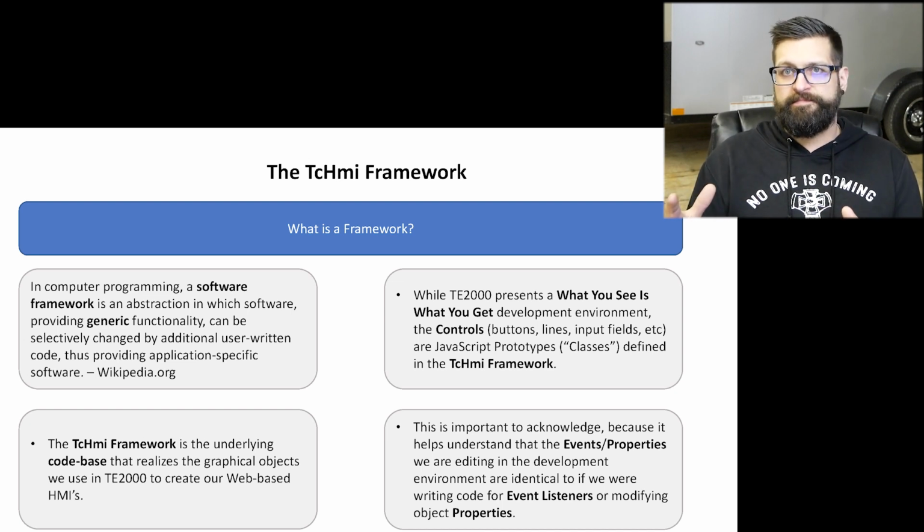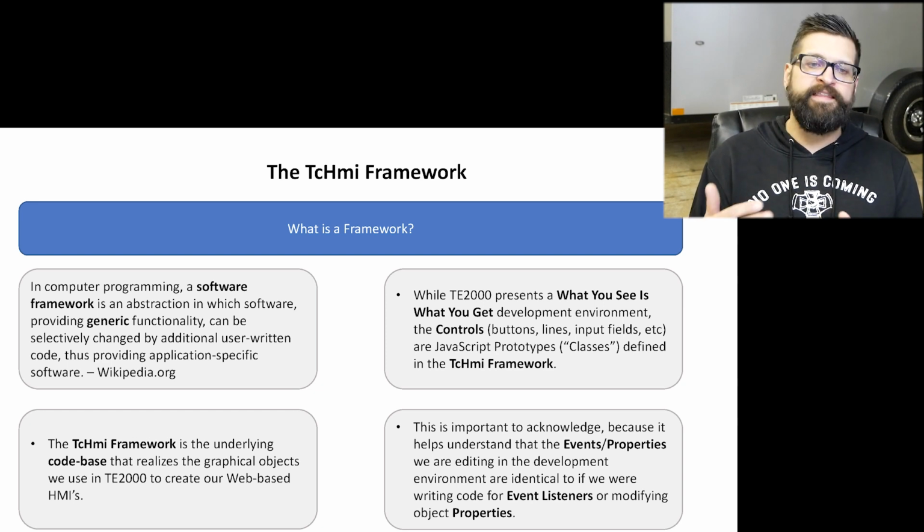It's its own prototype. So it might not have the same type of functionality that you're used to. And that tripped me up early on as I was writing naked HTML and writing JavaScript functions to act on those. I was like, well, I know this is an action that I should be able to do, but it's not working. Well, that's because I was using a TcHmi button and trying to act on it with straight up HTML functionality. And so those are important nuances to understand.